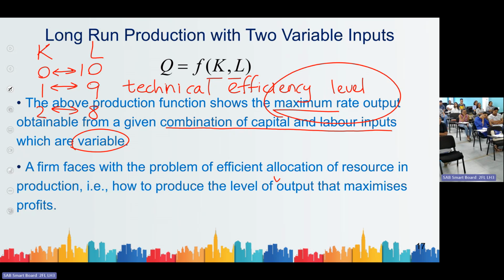Labor is fully utilized, capital is fully utilized. So the firm is producing the maximum level of output by satisfying technical efficiency. Technical efficiency means there is no wastage. With the given level of inputs, the firm produces the maximum amount of output.